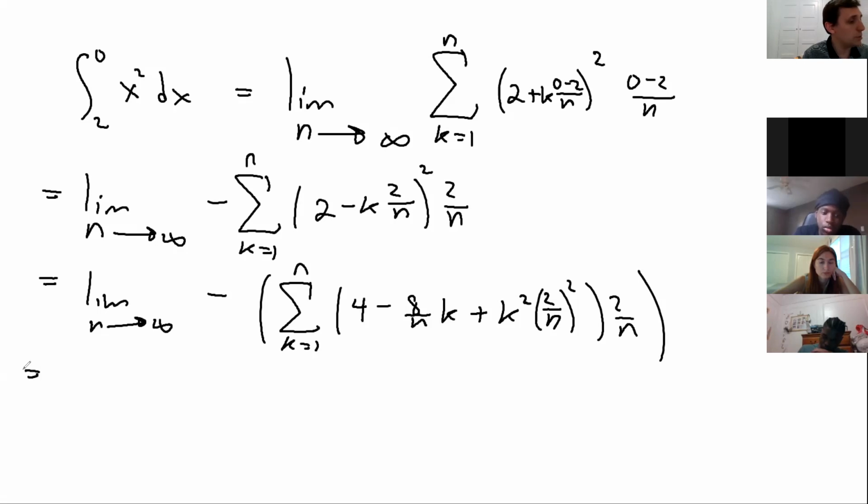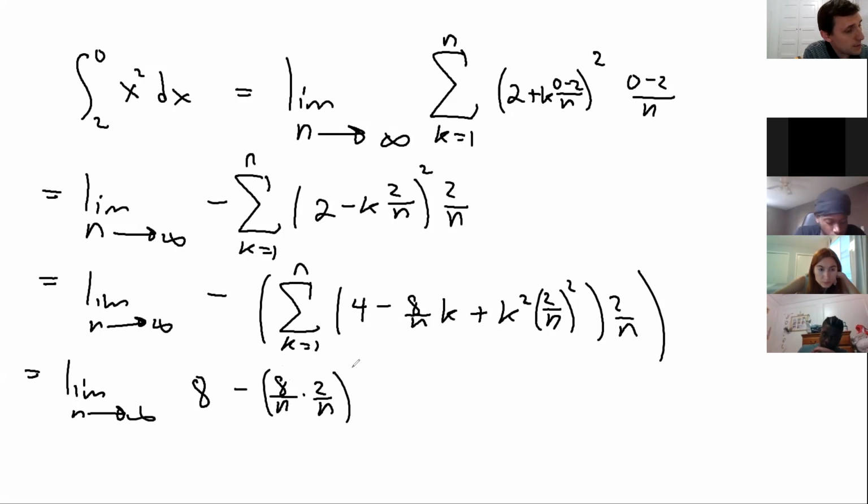And then what do we get? We get the limit as n goes to infinity of, if you just multiply this times that, 4 times 2 is 8. Let's add it up. It will be 8 minus 8 over n times 2 over n times n plus 1 divided by 2.